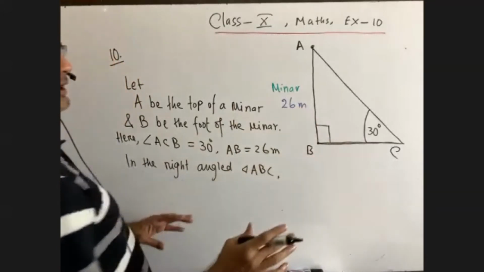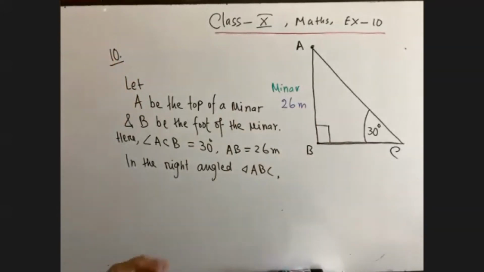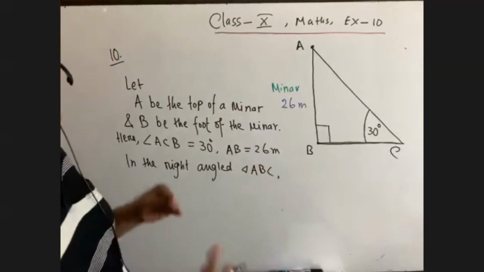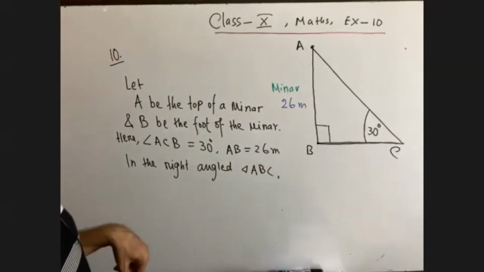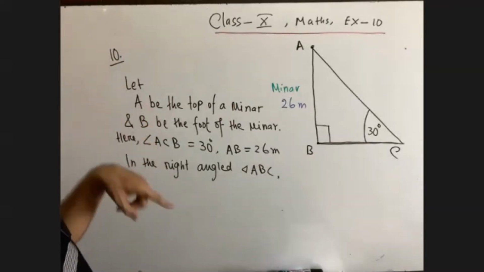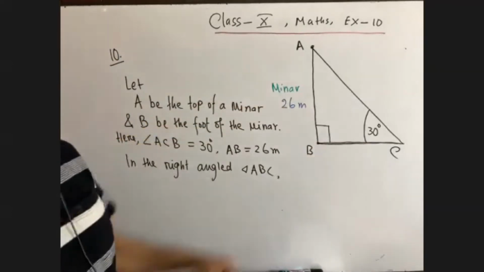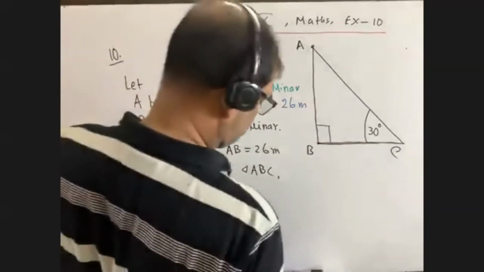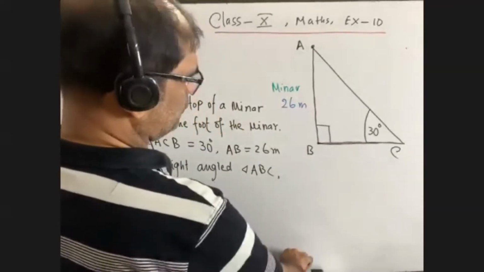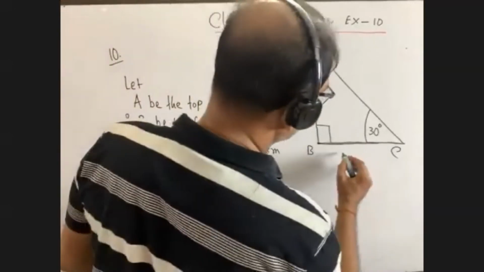So we have come to know the 6 trigonometric ratios: sine theta, cos theta, tan theta, then cosec theta, sec theta, cot theta. So cot theta or tan theta can be applied here, but tan theta is known to us. Very good. We let it x meter.